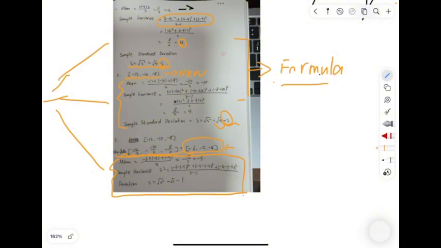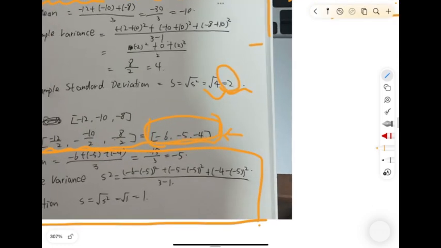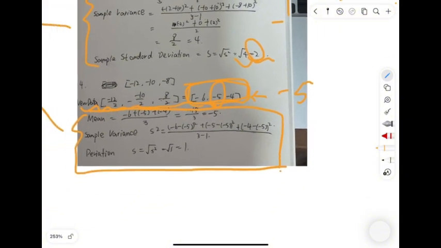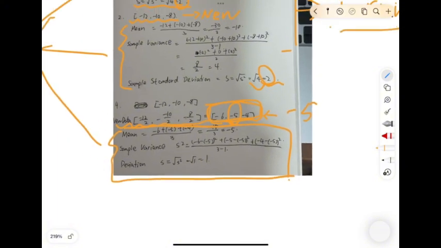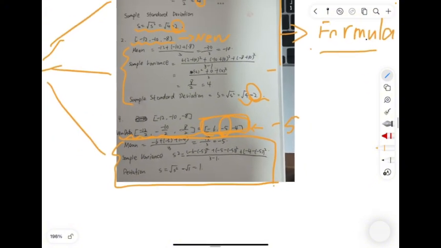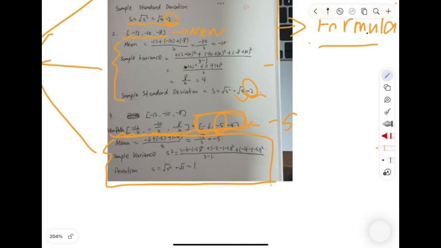Now the mean of the new data set is this one, and the mean is minus 5. So the mean in question 4 is minus 5, which differs from question 2 because they use different data.